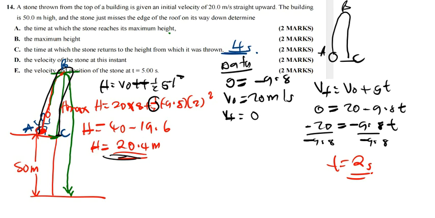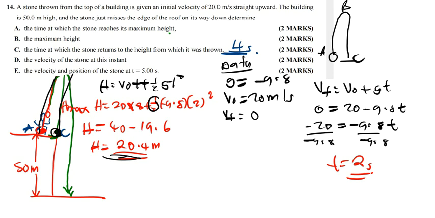The velocity of the stone at this instant. What does it mean when we say the velocity? The way they were supposed to ask it is: the velocity at which the stone was reaching where that person was when throwing that ball.